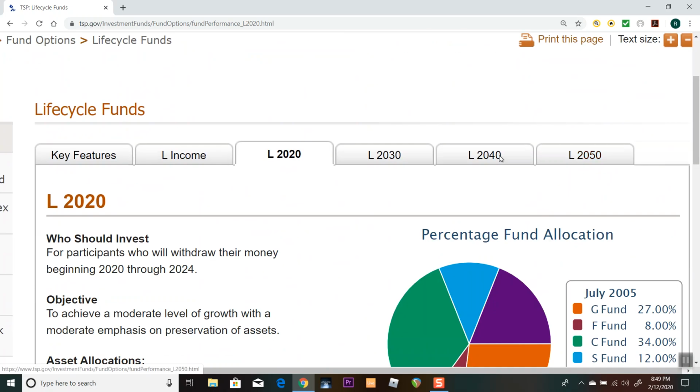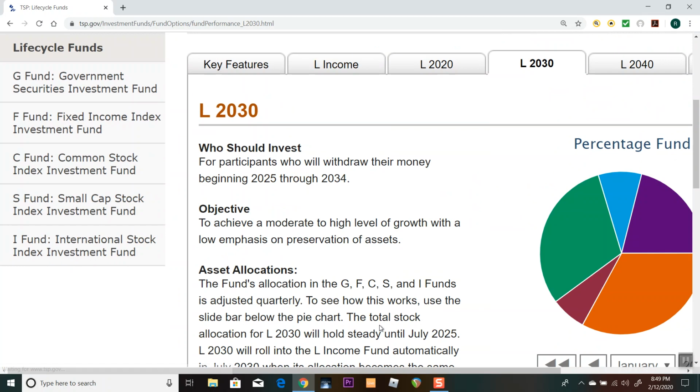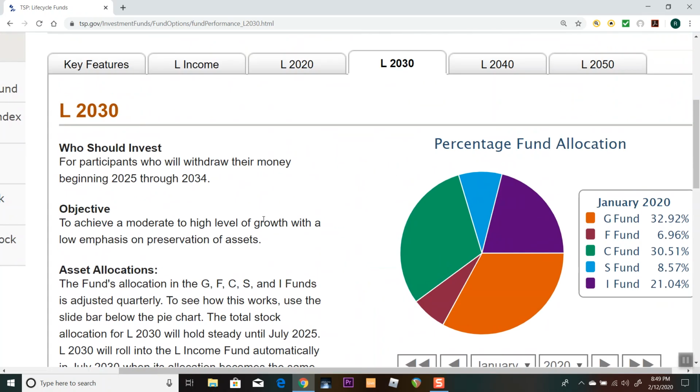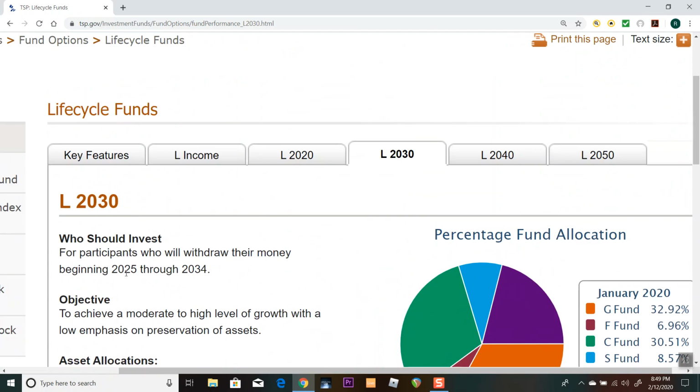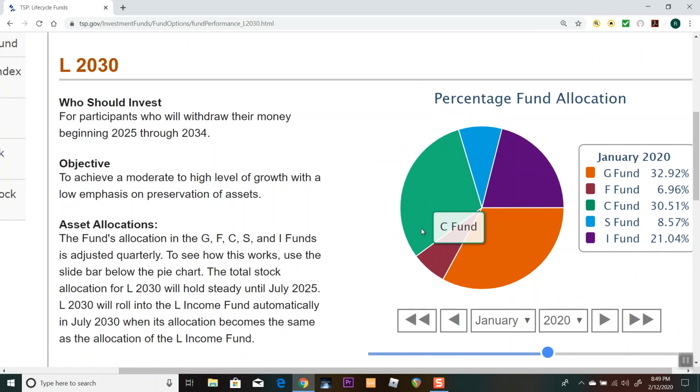Let's look at the L 2030. Let's say you have a long time horizon. Well, we'll just look at them all. If you are going to retire between 2025 and 2034, this is the recommended fund for you, the 2030.